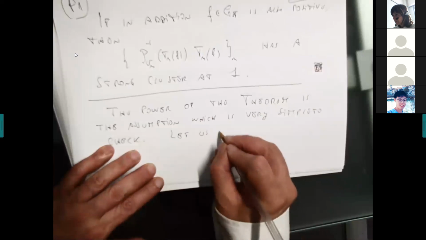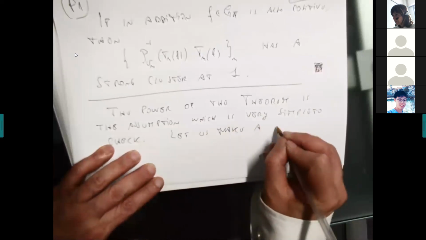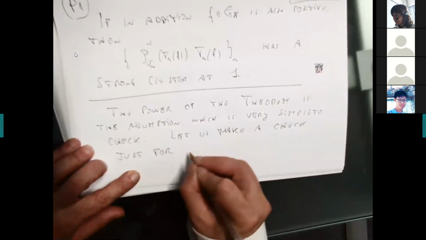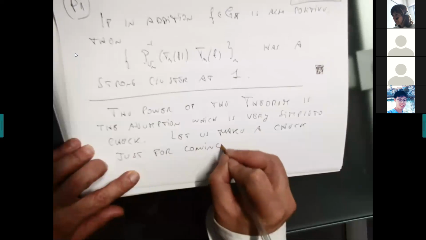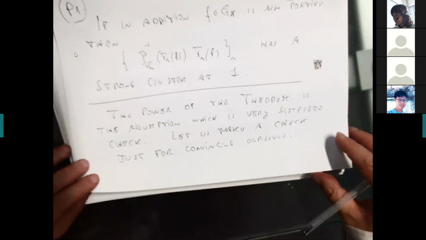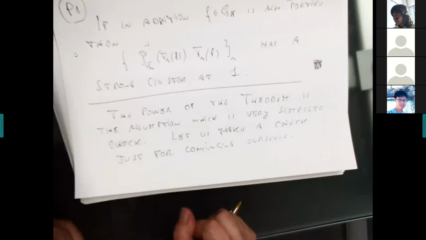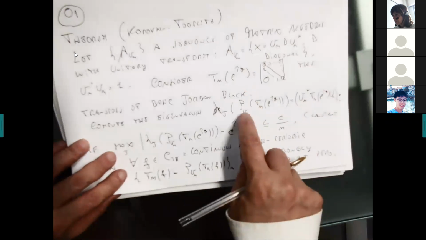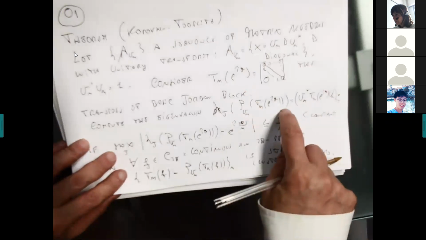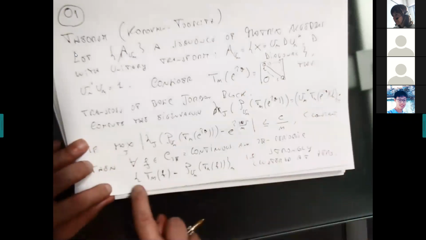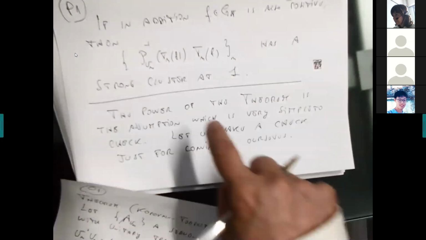Let us make a check just for convincing ourselves. Okay? So I will take the case of circulants and I will make the check. I will take this matrix, the Frobenius optimal approximation, we will check this assumption, and then if we check this assumption, we have automatically this result and this result.